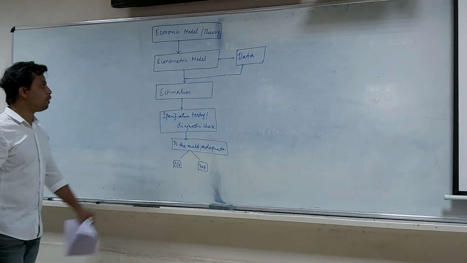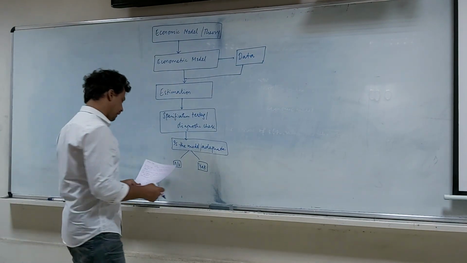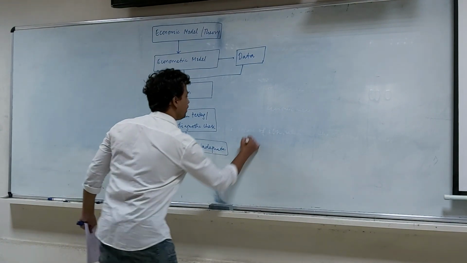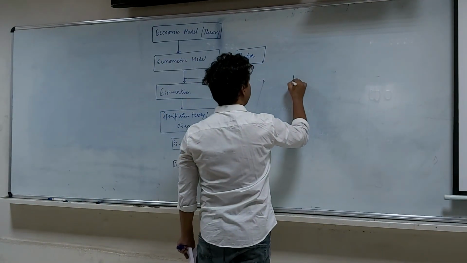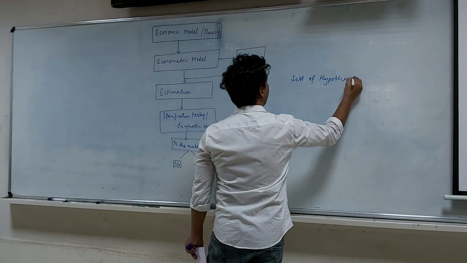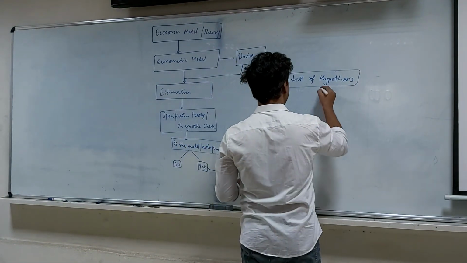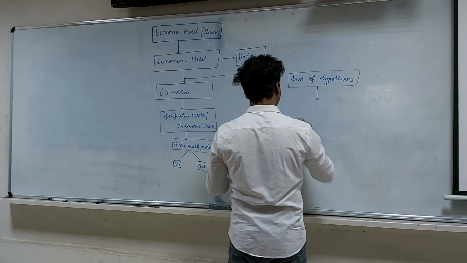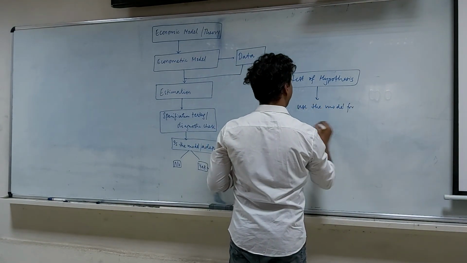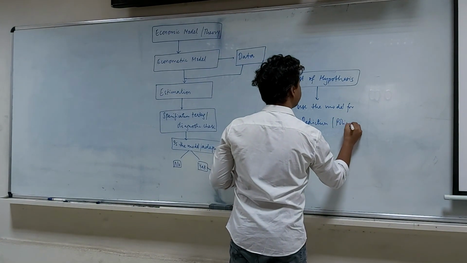then we test the hypothesis of this economic model and then we validate or refute the claim. So after yes, you have your next step as test of hypothesis. You test the hypothesis of the original claim made by the researcher, and then you use this model for prediction or policy purposes.